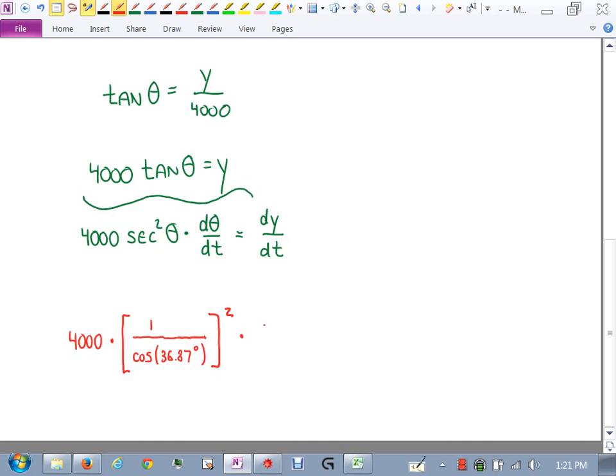Now, next to that, you have d theta dt. And on the other side, it was just 600, wasn't it? I'll get my calculator out. Make sure I'm in radian or degree mode.